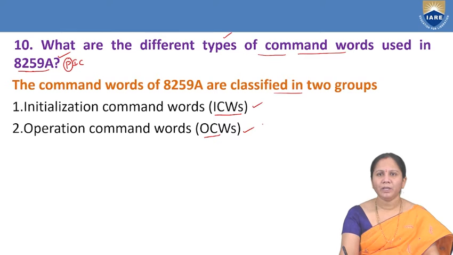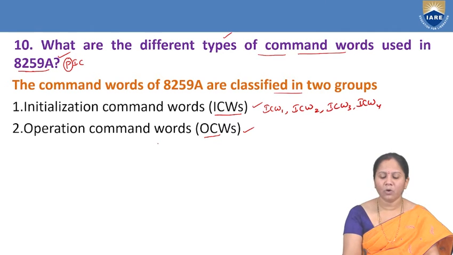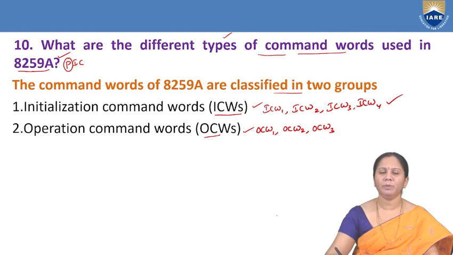The initialization command words are further divided into ICW1, ICW2, ICW3 and ICW4, whereas we have three operation command words: OCW1, OCW2 and OCW3. All four ICWs should be maintained in sequential order, whereas the OCWs need not be maintained in sequential order.